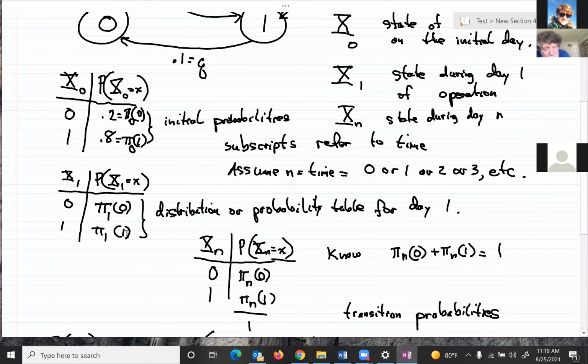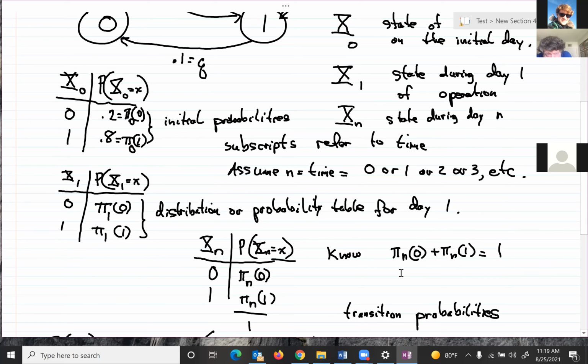We don't know what the probability is going to be for it to be working at day 1 or day n in general, but we have terminology for those probabilities. There's this pi notation. And the good thing is there's only 2 probabilities and they add up to 1. So if you know one, you know the other.